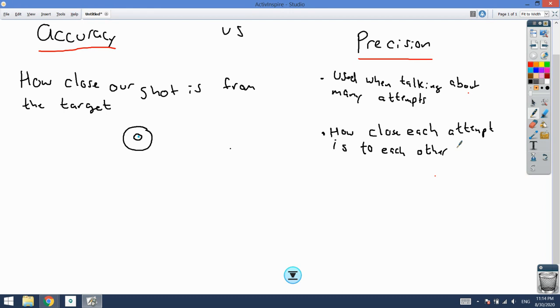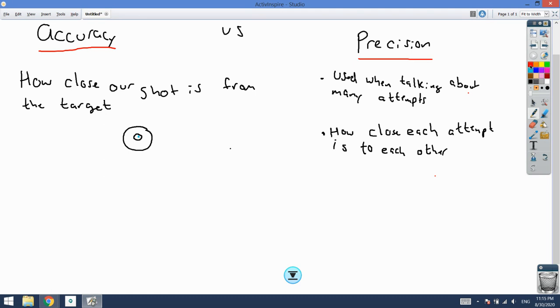So you can see that these terms, while they are similar, don't mean the exact same thing. One is how close each attempt is to each other. The other is how close each attempt is to the target, to the designated area that we want it to be, to the measurement that we're looking for, the theoretical measurement. So these things don't have to happen at the same time.